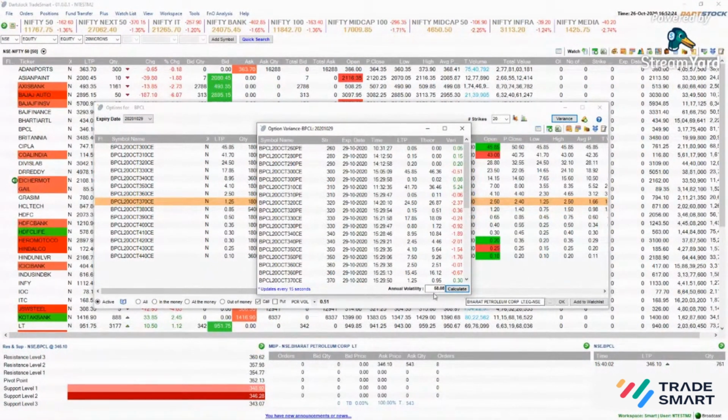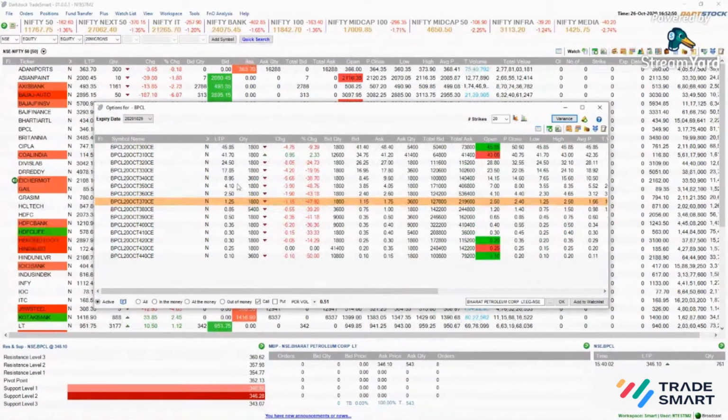If you want to change the volatility, you can, but our system also has a default volatility based on the last 1 year's movement. In this case, if you want to calculate everything with respect to 30% volatility, you get a different variance. So if you are a pro who knows how to use historical volatility to figure out the variance, you can definitely do that. That's the idea behind it.